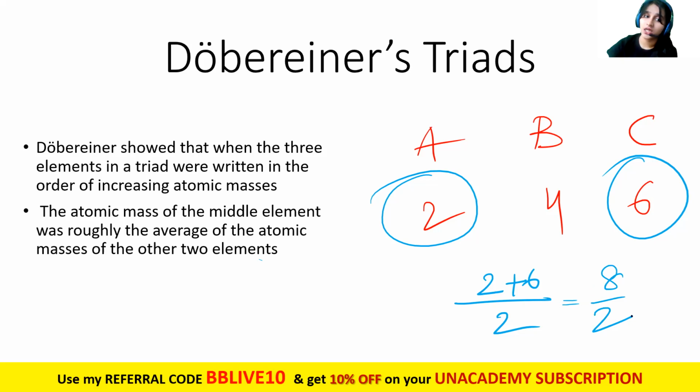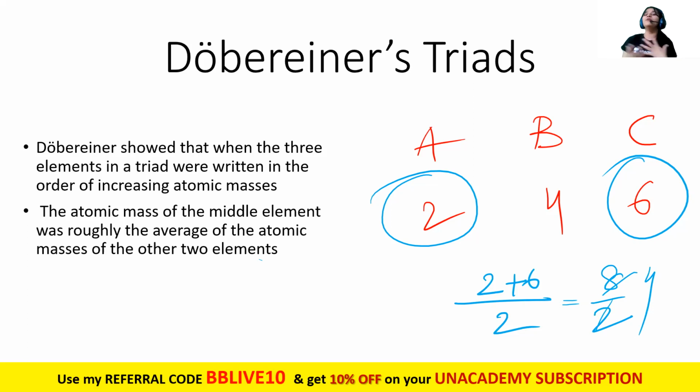Yes. You're thinking what I'm thinking? BODMAS is not required here. So it will be 8 by 2, and when I divide 8 by 2, I get the answer as 4. And voila! Congratulations! The 4 is the atomic mass of the middle element. That is right.